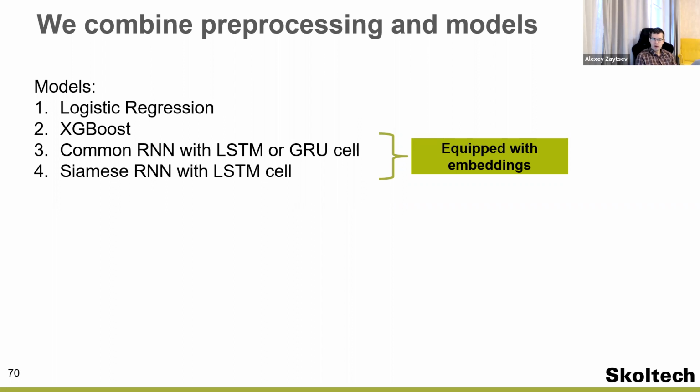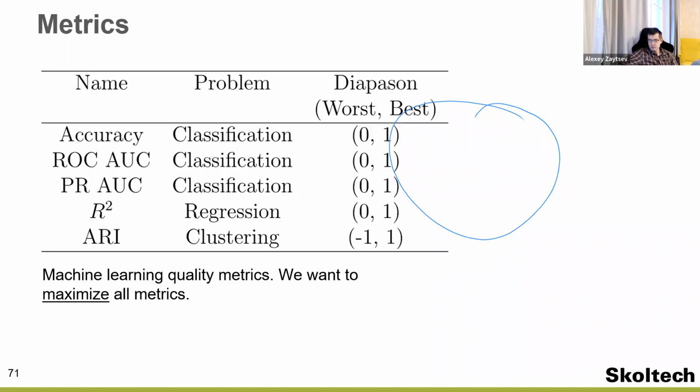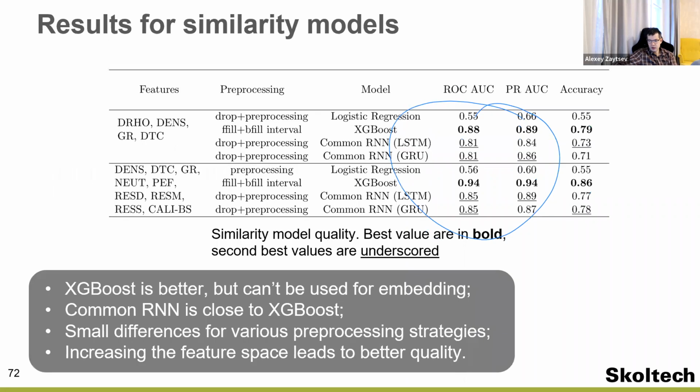And also we compare them with different types of RNNs. In this case, we have embeddings produced by this neural net here. And so yeah, we have some common quality metrics. And what we can see for different processing strategies, XGBoost is slightly better, but we have decent performance for different types of RNNs here.